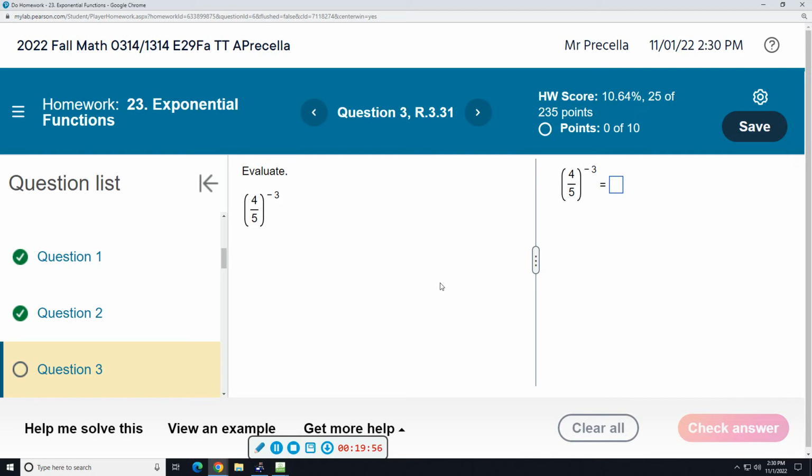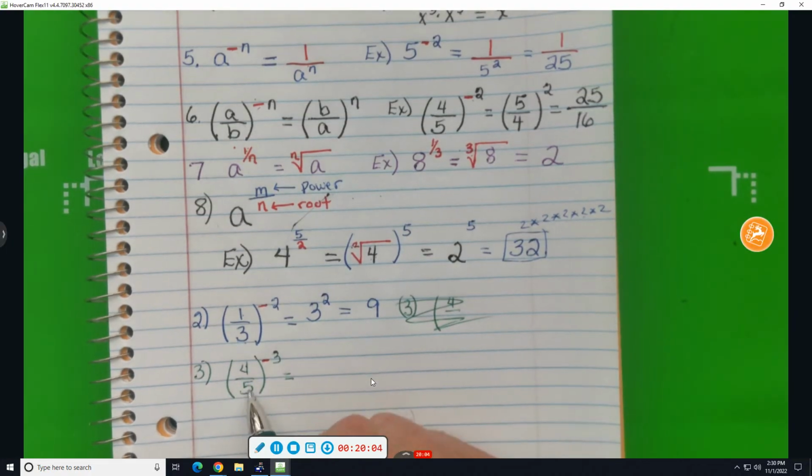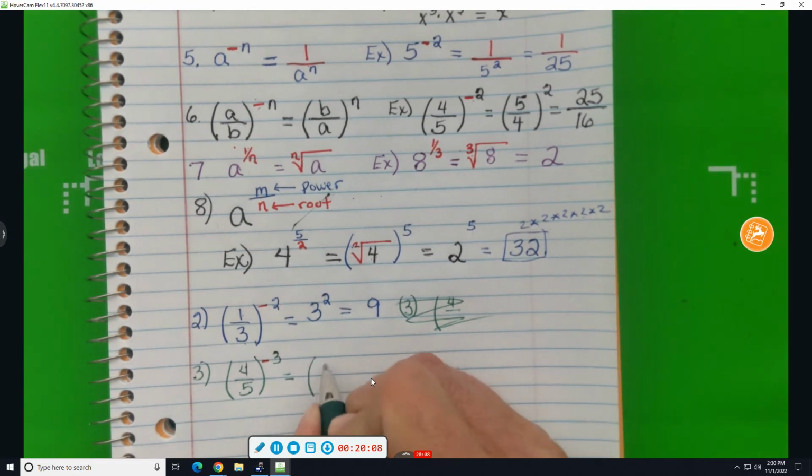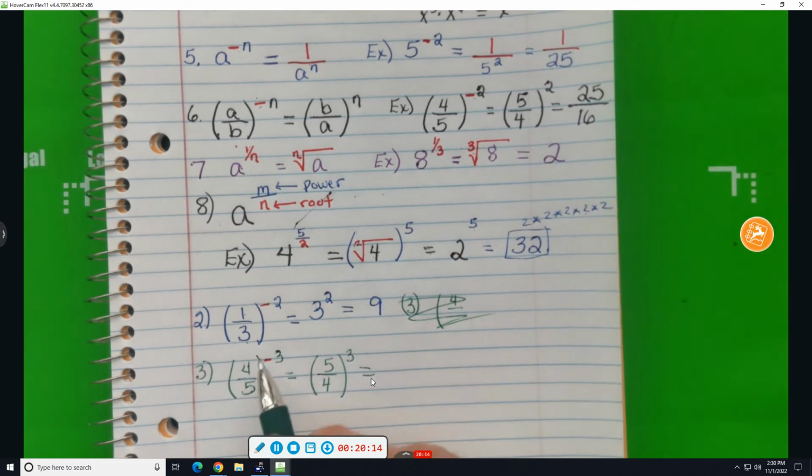This is using the same rule that we used on the previous one. How to raise a fraction to a negative power: you flip the fraction and drop the negative on the exponent.